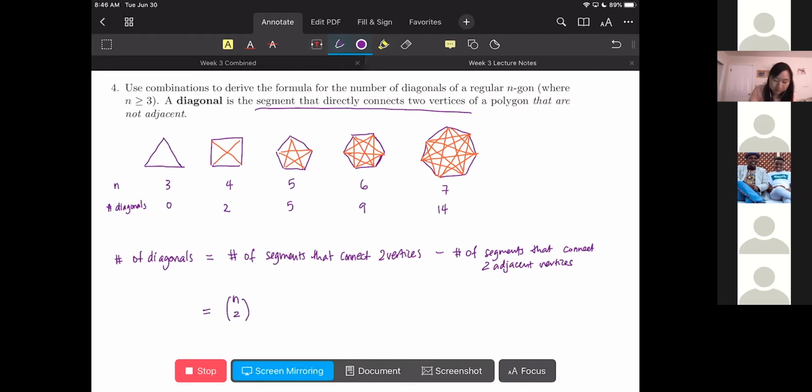I didn't define it, but a vertex is basically a point of the polygon. So all of these are vertices, so we have n of them. If we picked any two of them, that will create a line segment that connects them. And then how many segments that connect two vertices will connect two adjacent vertices?